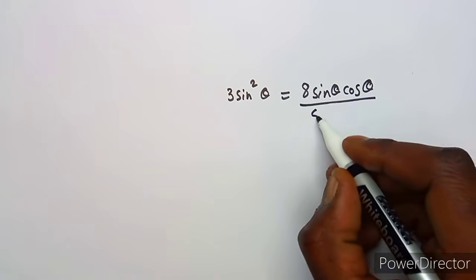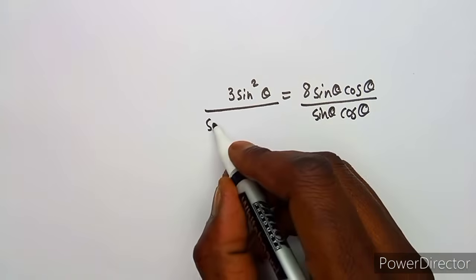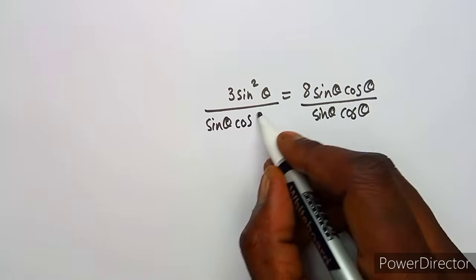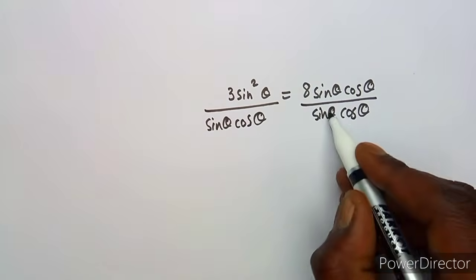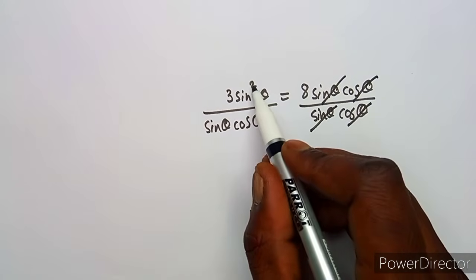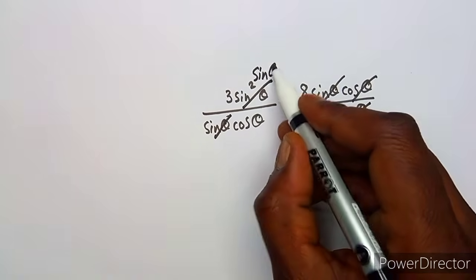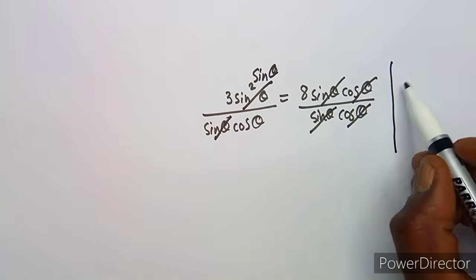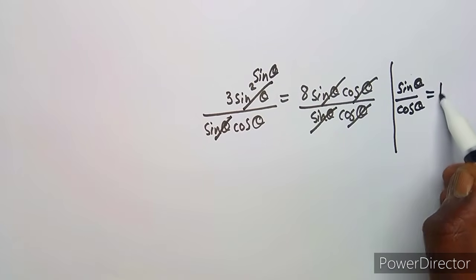So you can simply divide by sine theta cos theta on both sides. The moment we do that, this will cancel definitely. Then this is sine squared, so there are 2 here, and if we divide, we are going to be left with sine theta. From our identities, we know that sine theta over cos theta gives us tan theta.